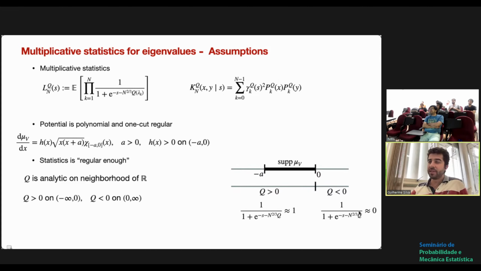N is the size of the matrix, right? In other words, the equilibrium measure here describes the eigenvalues. So in the large n limit, the eigenvalues are mostly in this interval here, minus a to 0. And what we're saying is that our deformation doesn't change the eigenvalues drastically. Why? Because the deformation is essentially 1 where the eigenvalues live in the limit, and it's 0 outside where the eigenvalues do not live.